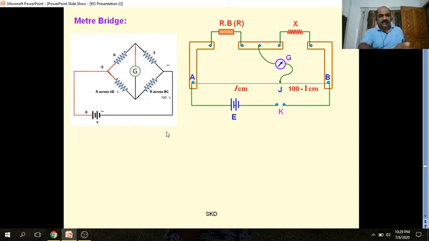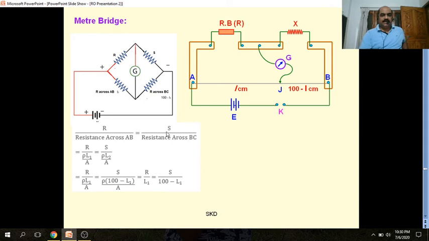So just keep in mind where the Wheatstone bridge is formed in this Meterbridge diagram, because then only you are able to answer some questions. R upon resistance across AB, see here, AB is written, it is AJ, and S upon resistance across this JB.